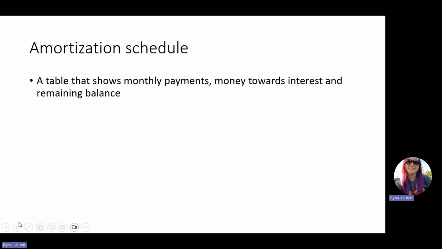I just like to explain the process so you understand how, if you ever get a loan or look at a loan table, each part is being calculated. Basically, it's going to show the amount you're paying monthly, how much of that is going towards interest, then how much is being deducted from your balance, and then your balance.